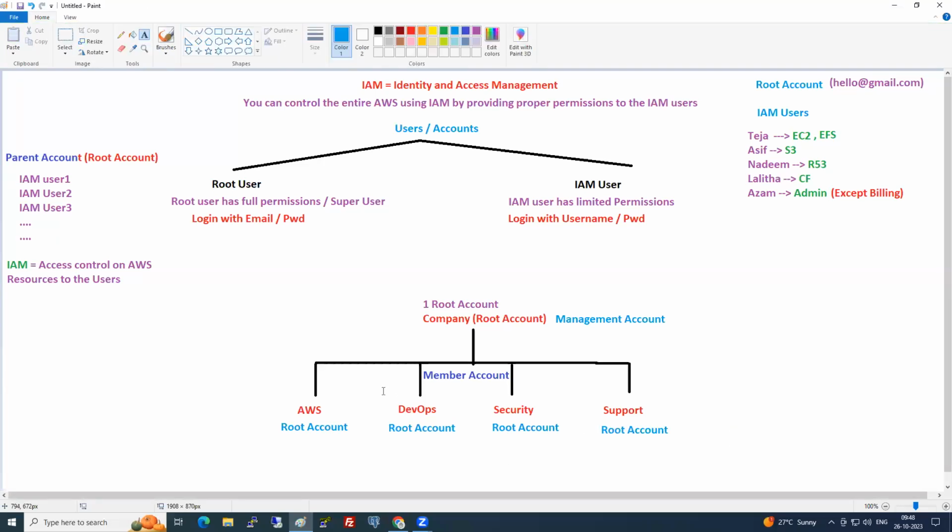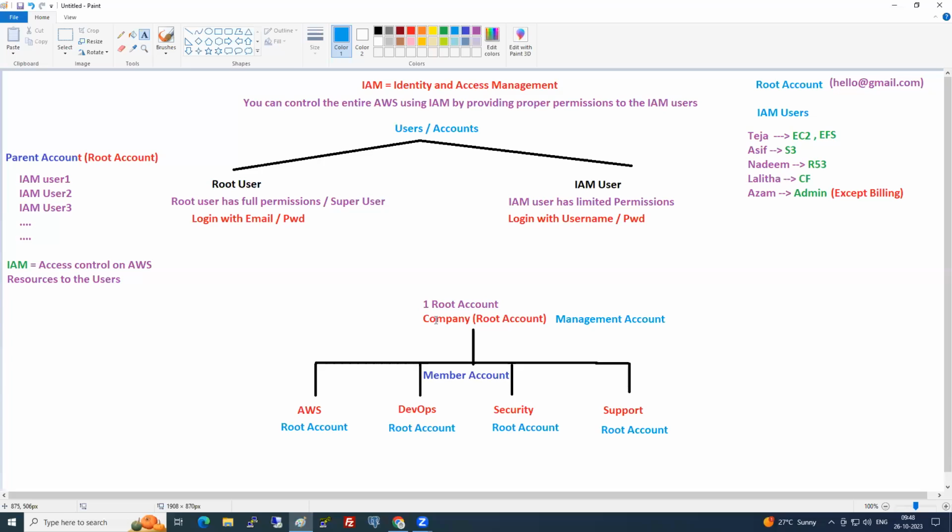So I'm saying it again. In your company, if you have so many employees, so many departments, is handling with only one root account possible? Not possible. For that reason, for each and every department, I'll ask them to create their own individual root accounts.